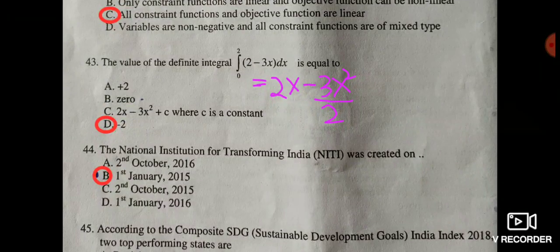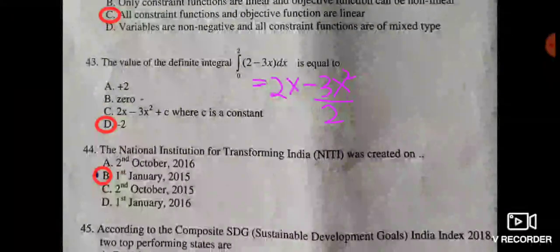Now we have to put the value of x as 2. If we put the value of x as 2, then 2x becomes 4, then 4 minus 3x square divided by 2 will be 6. So 4 minus 6, the final answer will be minus 2.